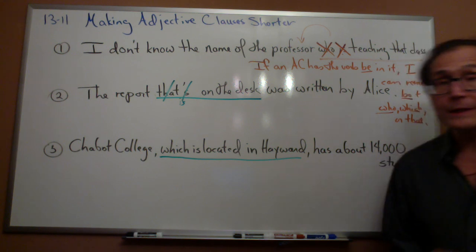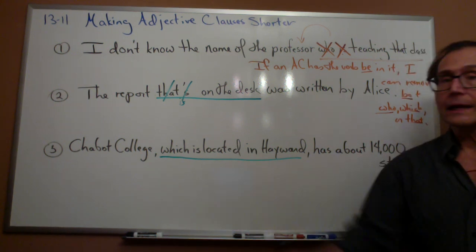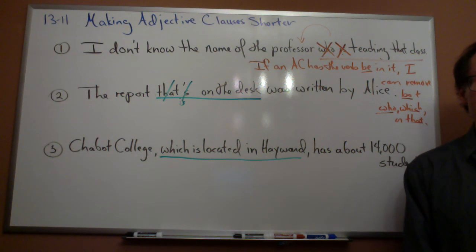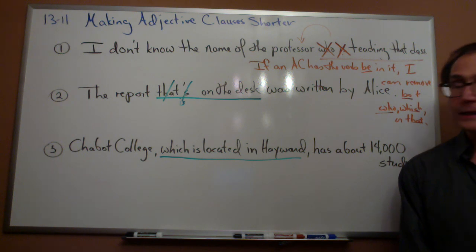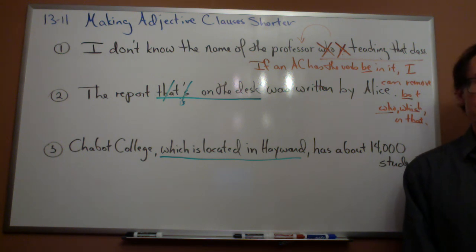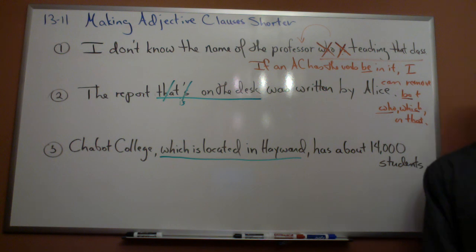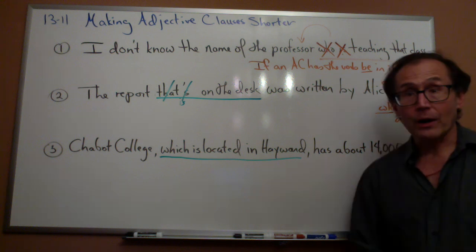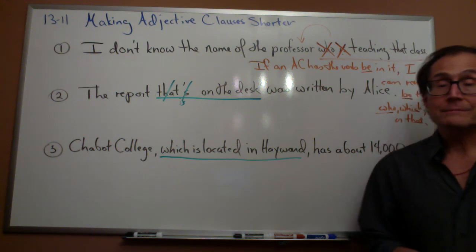Would you please take a minute and make this shorter? You can write it on a piece of paper. You can just say it aloud. You can think it in your mind, but make it shorter. If you're sitting next to someone, please tell them. And if you'd like to pause the video, you can hit pause and take a minute and think.